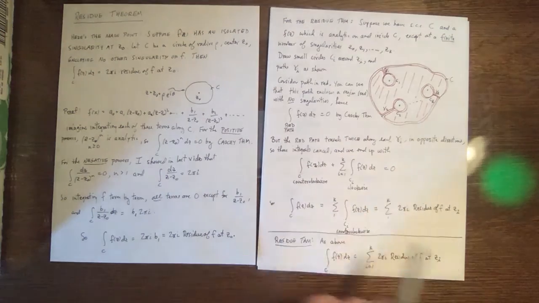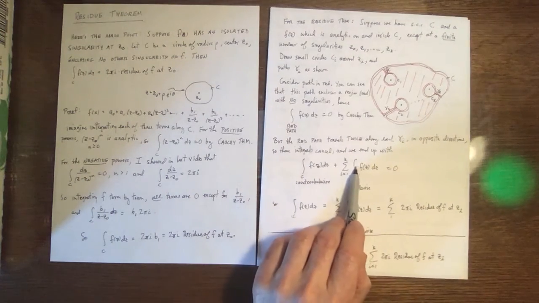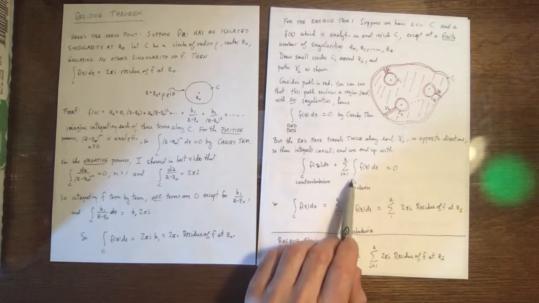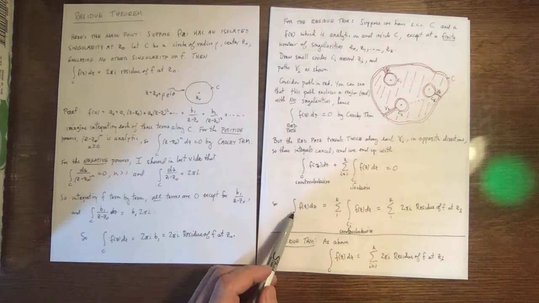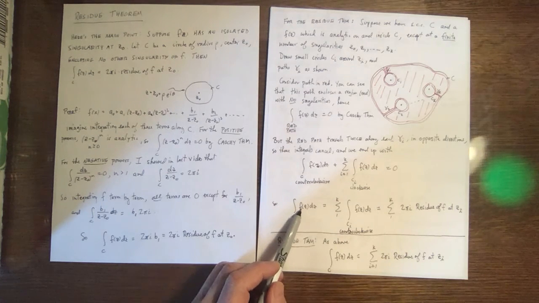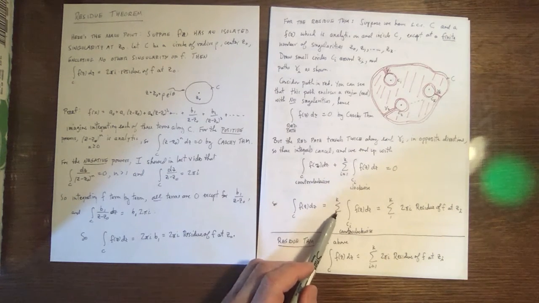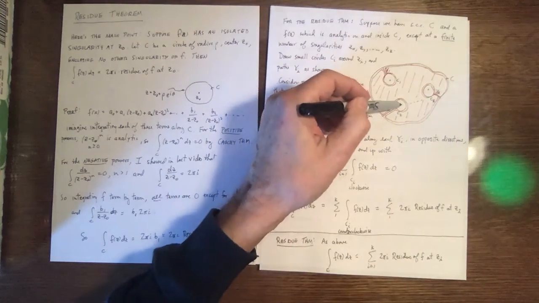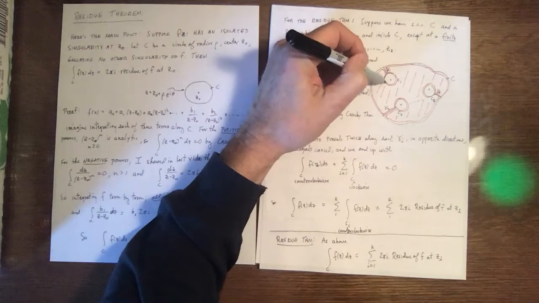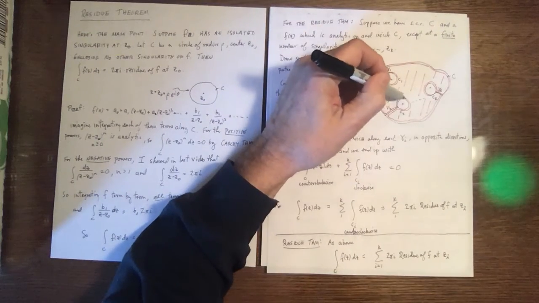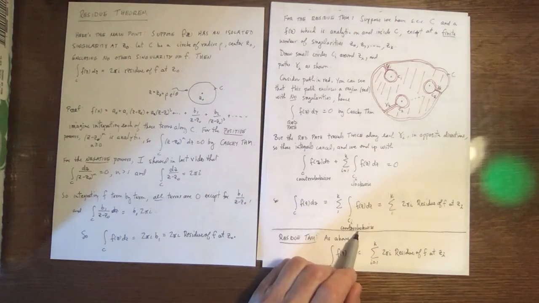Bring this to the other side, you just change them by a minus sign, which is the same as going counterclockwise instead of clockwise. So the integral of f along C is the sum over all these singular points of the integral of f along these circles, now going counterclockwise.